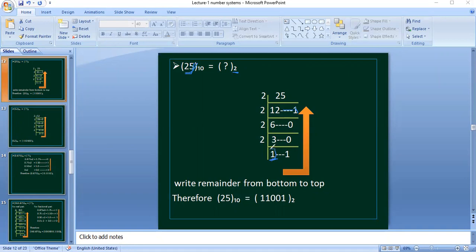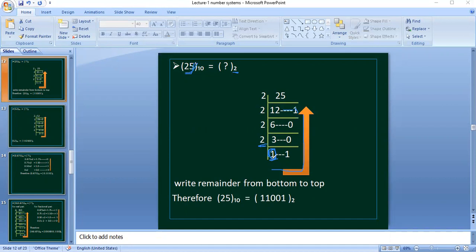You stop the conversion when the result is less than 2, since we are converting to binary. Then you consider the remainders from bottom to top, and that will be the result.